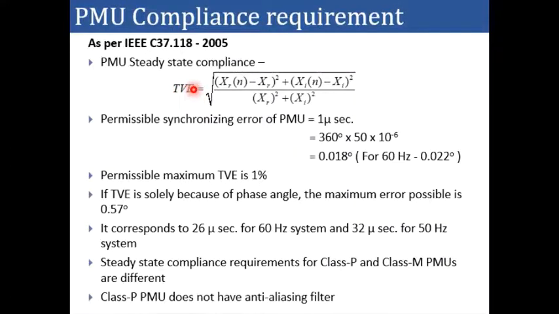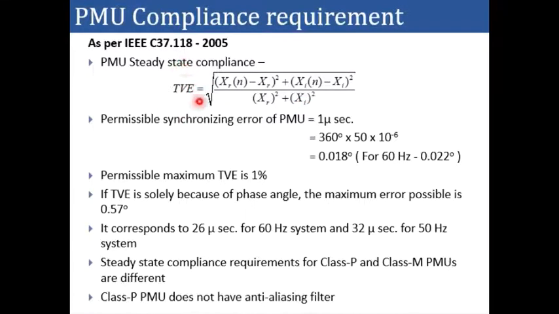Total vector error, that is TVE, is defined as the real value of the phasor computed minus real value of the true phasor whole square plus imaginary value of phasor calculated minus imaginary value of the true phasor whole square, divided by the square of real and imaginary components of the true value of phasor.